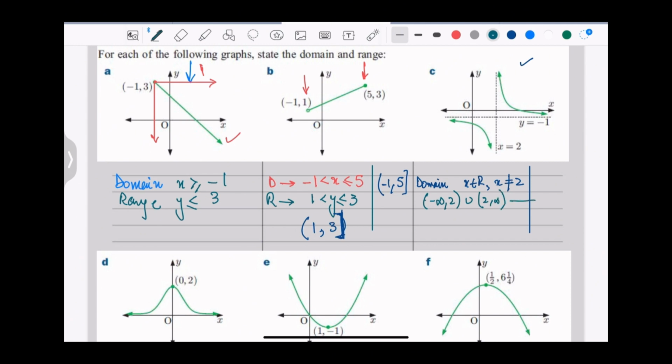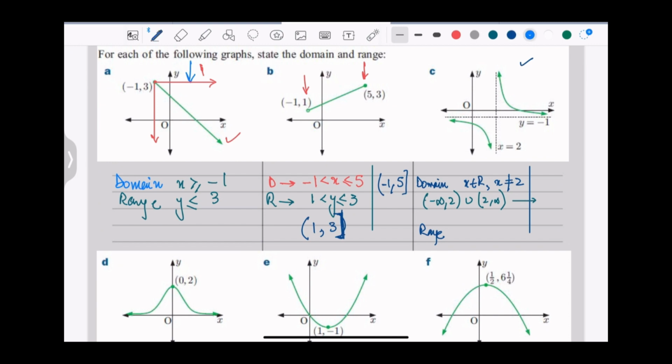Mind you, this is not for the CAIE Cambridge ones, because Cambridge doesn't follow this pattern. But this is precisely for people who follow either university calculus mainly or the American board. Now moving on from domain to range.